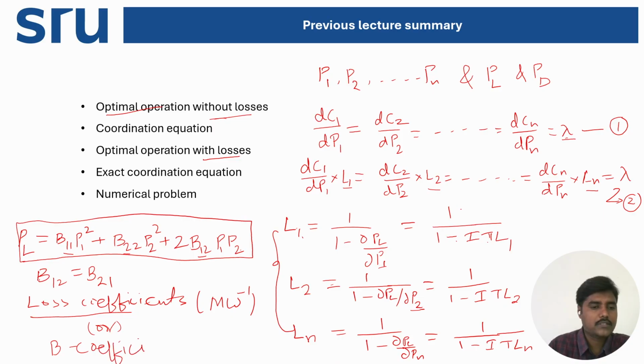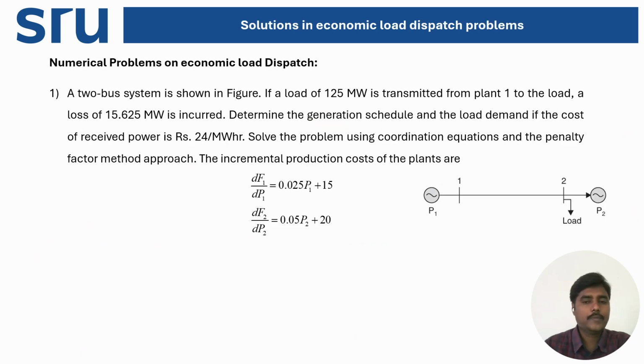All the B coefficients or loss coefficients are expressed in the unit of per megawatt or megawatt inverse. Now let's try to solve some numerical problems by using all these equations. The first numerical problem is given here. A two-bus system is shown in the figure. This is the figure.